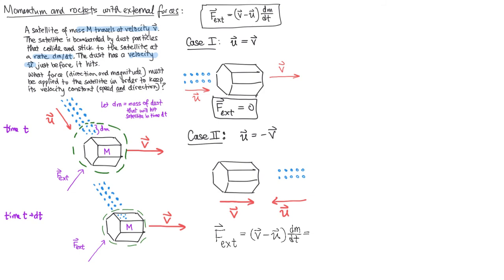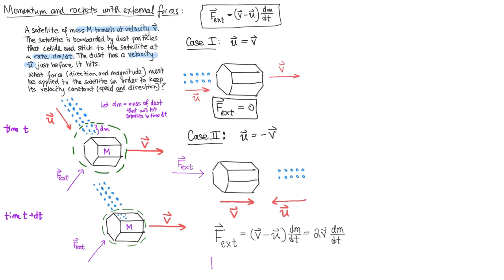And here, if u is minus v, then this ends up being 2v dm dt. It's v minus minus v, or plus 2v. And so this tells us we have to push to the right with an external force. Okay, so I need to apply an external force to my satellite that's rightward, parallel to my velocity.